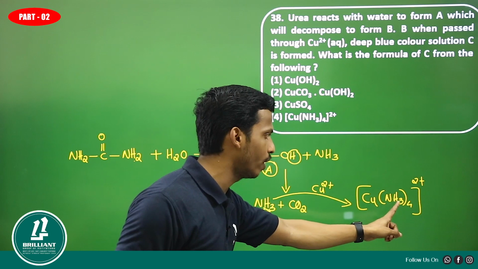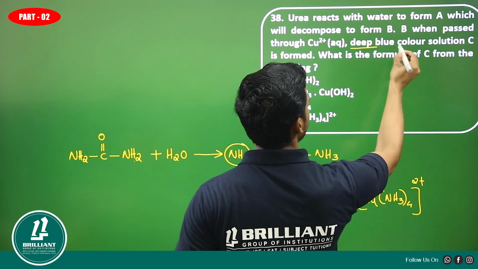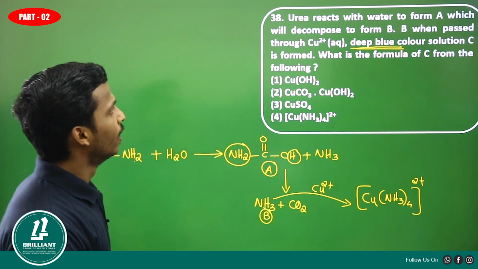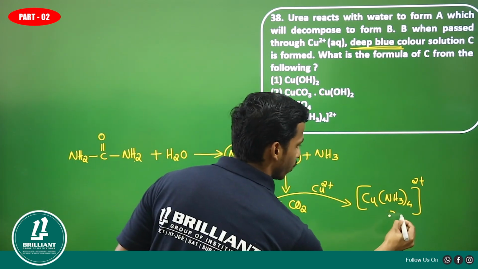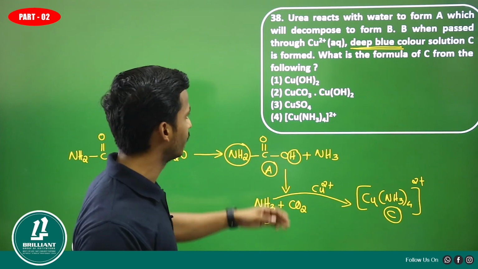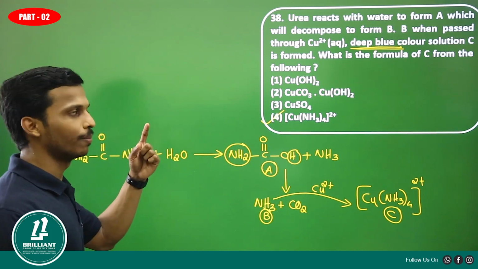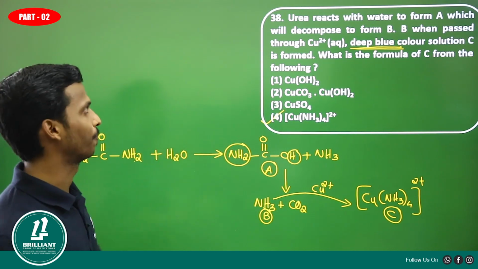You will get Cu(NH3)4 2 plus having a deep blue color. The compound C is forming. So, this is the compound C. Question, what is the formula of C from the following? Yes, which is that? Option 4th one. So question number 38, answer is 4.